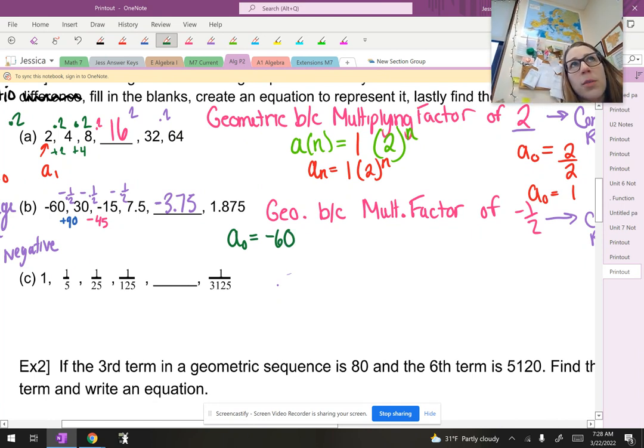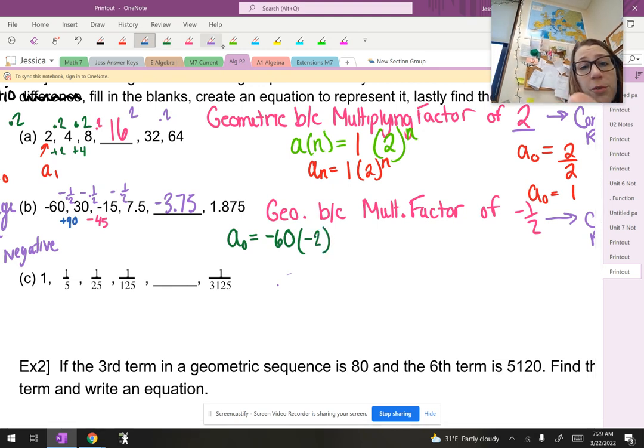So if I'm multiplying by 1/2 to go forward, the opposite of multiplying by 1/2 is multiplying by the reciprocal. The reciprocal of 1/2 is 2. So I'd need to multiply by negative, because the negative stays, 2. Easier to think about it in terms of dividing.